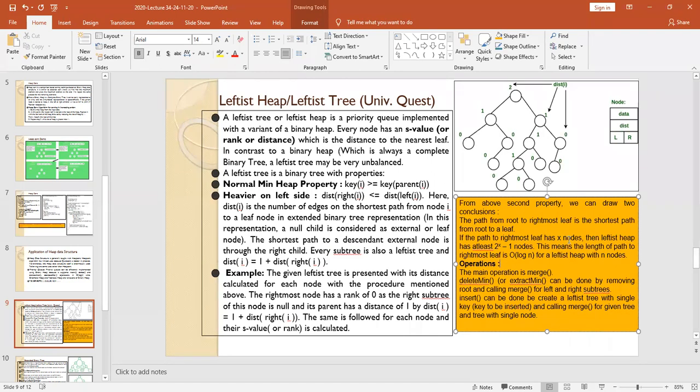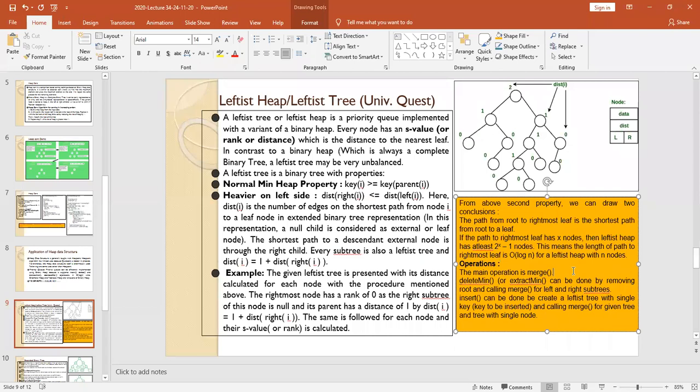If the path to the rightmost leaf has x nodes, then the leftist heap has at least 2x minus 1 nodes.